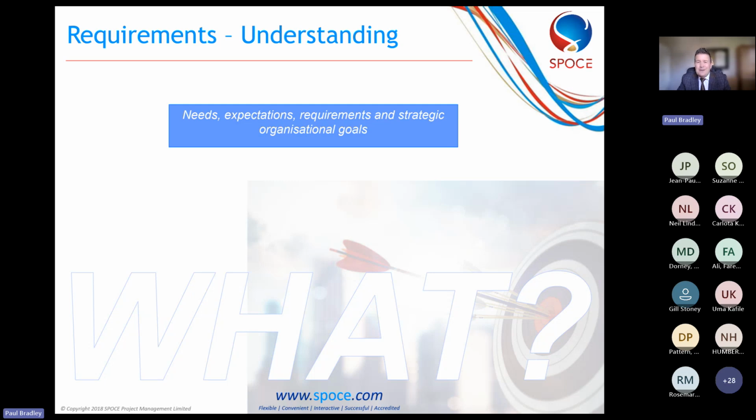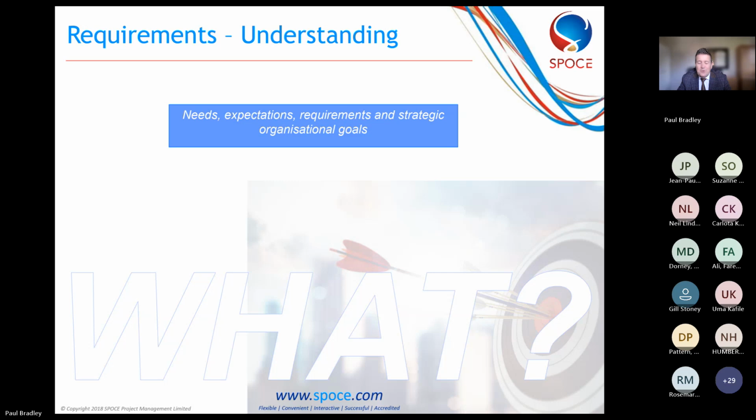Now, we need to start somewhere, so this is not such a bad thing, but we can't undertake the project based on subjective criteria and assumptions, if you like. So what we need to do is start drilling down and understanding what the requirements are, clarifying these with the stakeholders, and also analysing those requirements to make sure we haven't got any overlaps or any gaps in the requirements and so on.